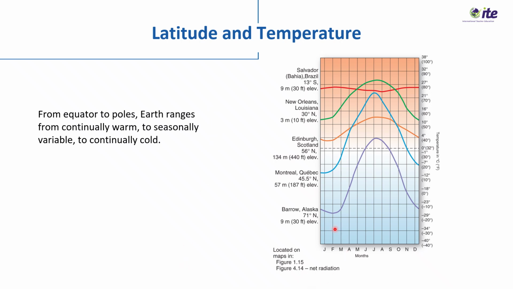If you look at this graph, you can clearly see that. Near the equator, the temperature during the year, with the months down here in the graph, January, February, March, etc., shows that the difference between summer and winter temperature is not that big. It's almost equal.